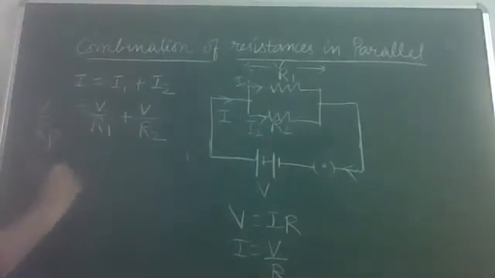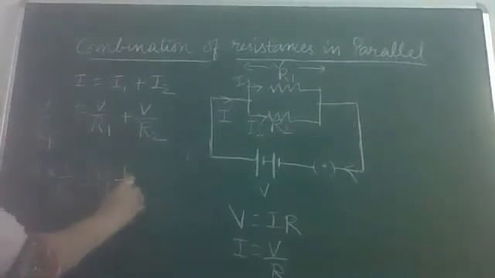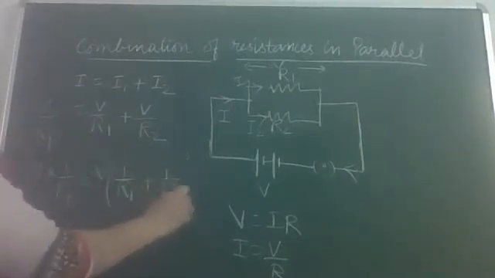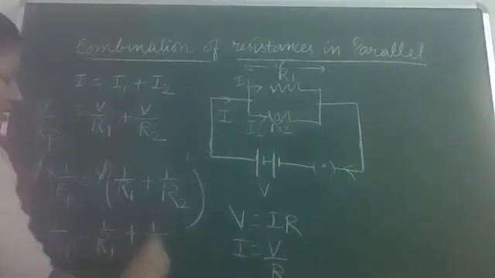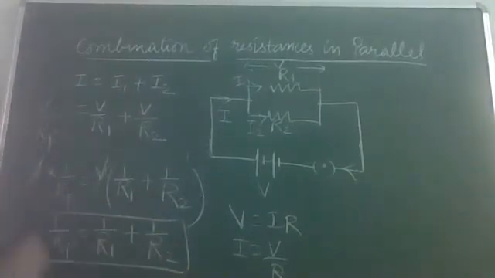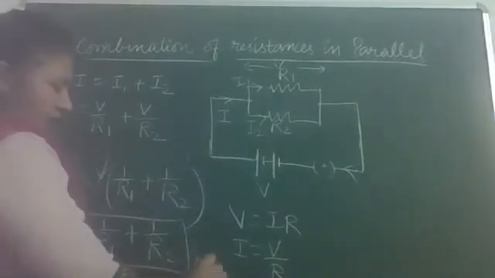We can write like this. Take V common, V gets cancelled, so we are left with our result, this. 1 over Rp is 1 over R1 plus 1 over R2. This is minimum possible resistance we can have.